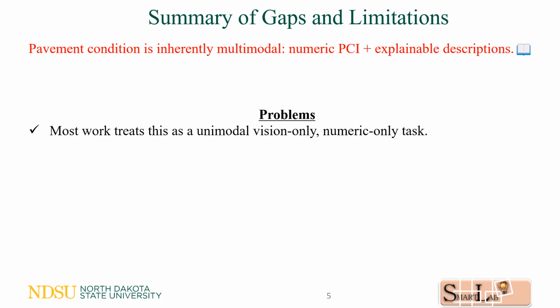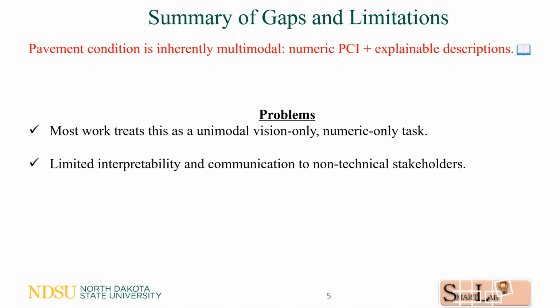So the problem is, as discussed earlier, most work treats pavement condition assessment as a unimodal vision-only task, or a numeric-only task. Also, existing approaches have limited interpretability and communication to non-technical stakeholders, because most non-technical stakeholders don't even understand object detection in the first place.